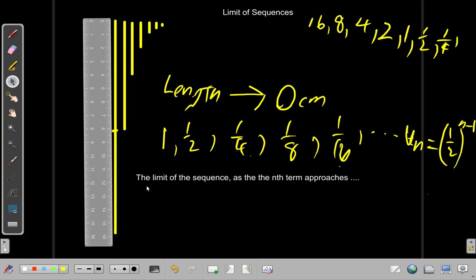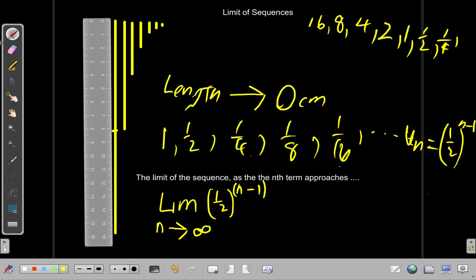Now, how you write this, the limit of this term is to say, right, here, what this is saying is the limit of this function as n tends to infinity.